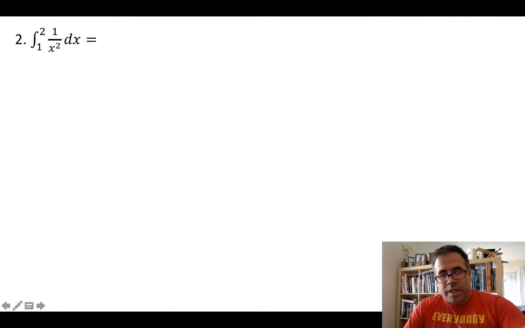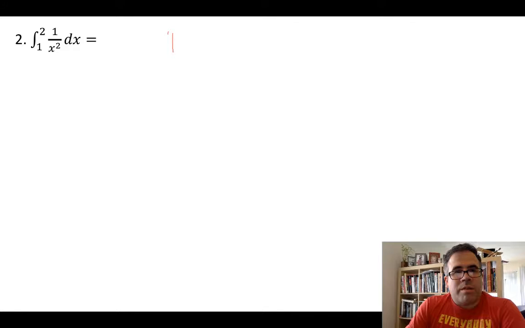Next, we have a situation where it wants a definite integral from 1 to 2 of 1 over x squared dx. This, we're going to use our integral power rule. Generally, this is going to be your bread and butter for most integral problems, honestly.